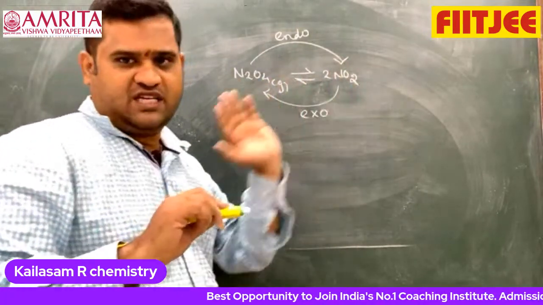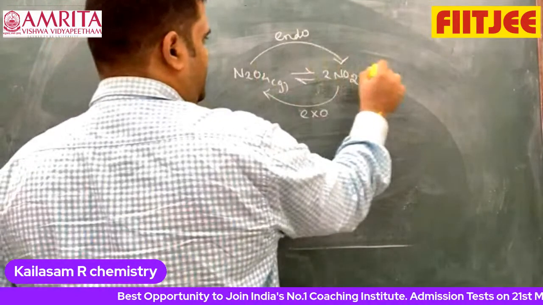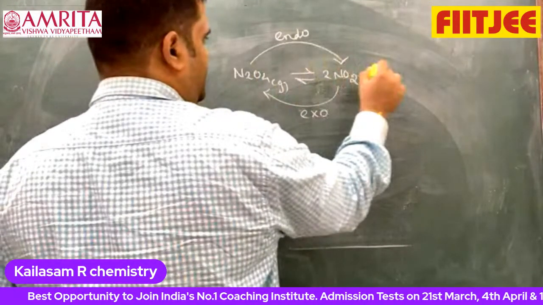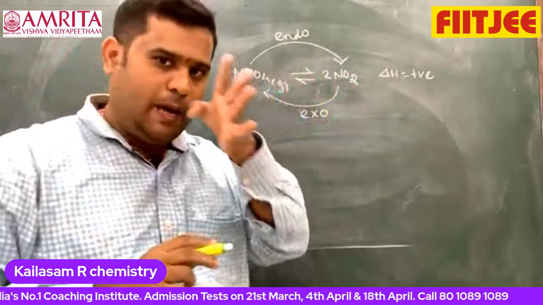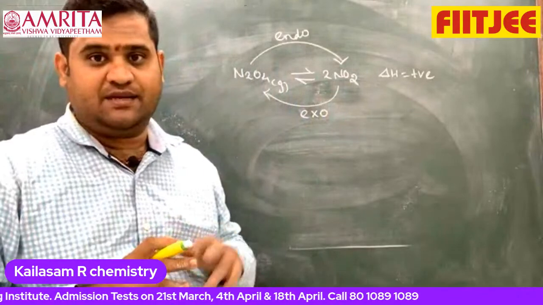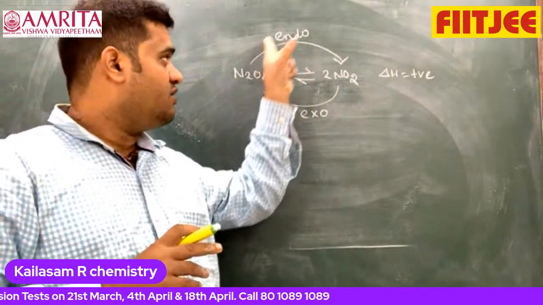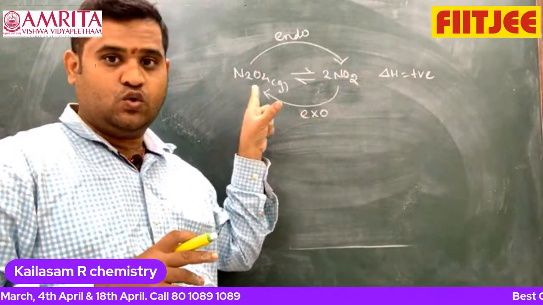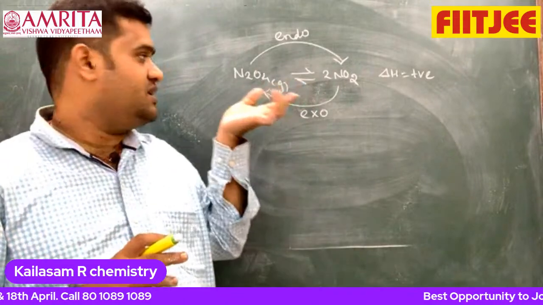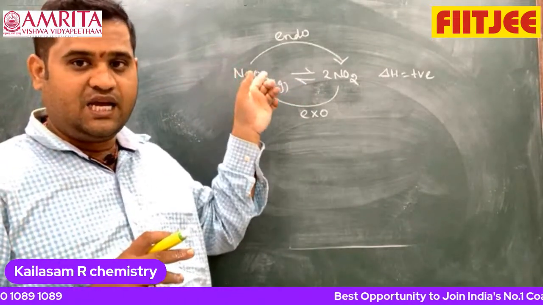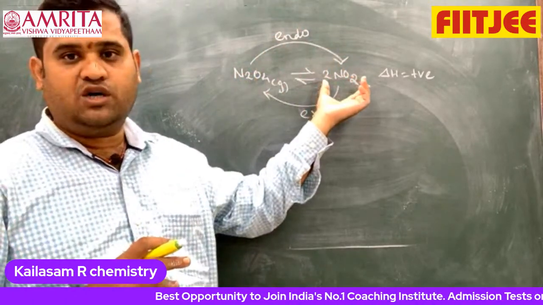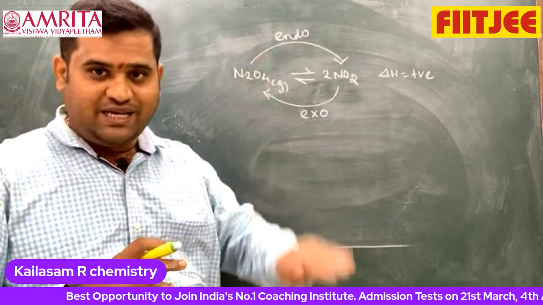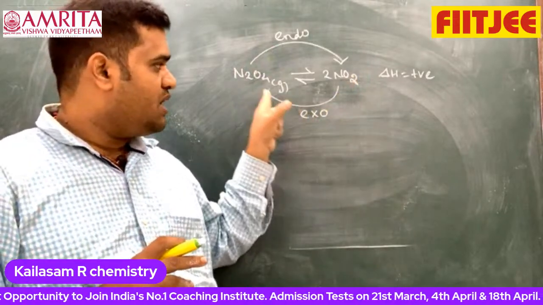The nature of the reaction is given by delta H. Here delta H is positive, so the formation of NO2 is endothermic in nature. Please keep it in your mind. Therefore forward is endothermic, backward is exothermic. If I increase temperature, equilibrium goes towards the forward direction, and more NO2 is formed. When I decrease temperature, equilibrium goes towards the backward direction.